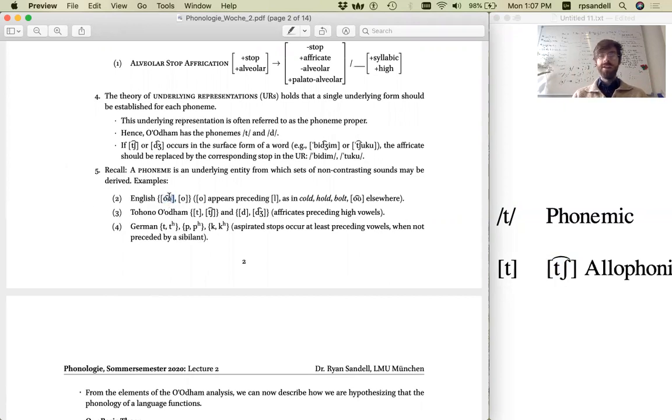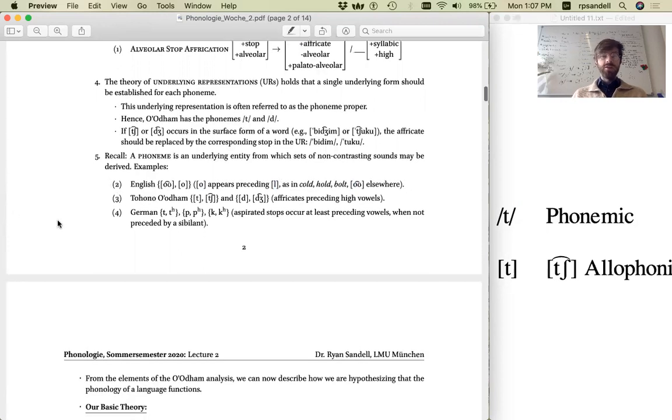So in general, in English, in most varieties of English, my variety, for instance, we would posit the diphthong as the underlying representation, and the monophthong O just appears before a lateral sonorant. So words like cold, hold, bolt have a monophthong, but in other words that have this O phoneme, it's diphthongized. And we've just seen how Tohono O'odham works.